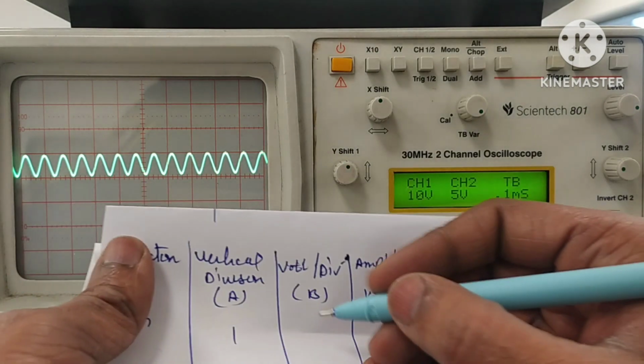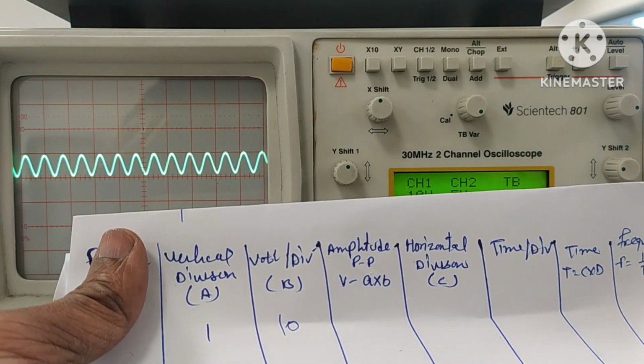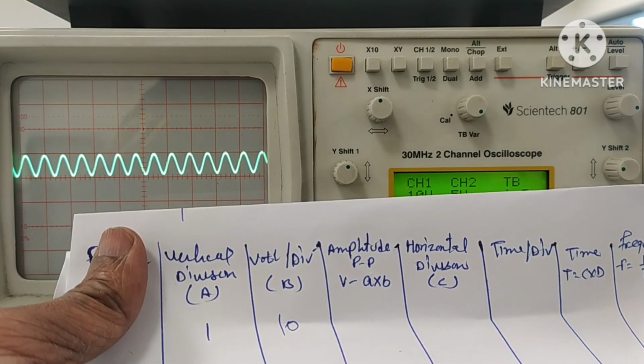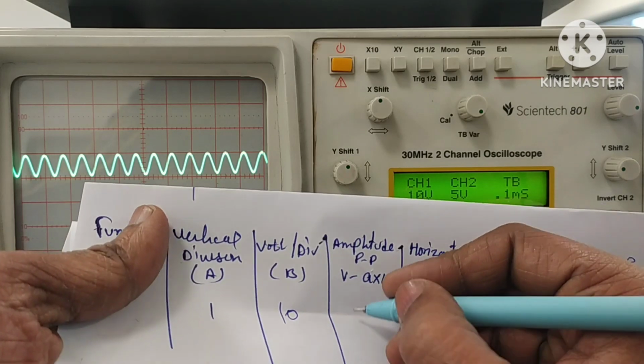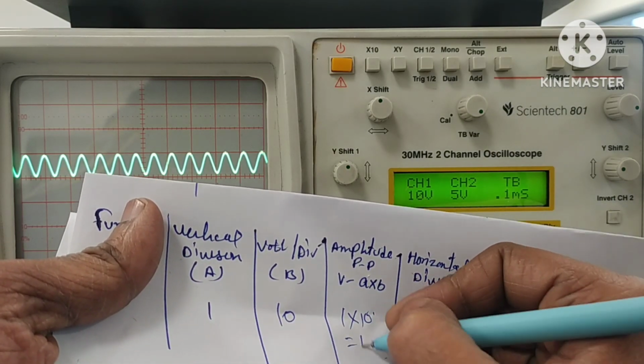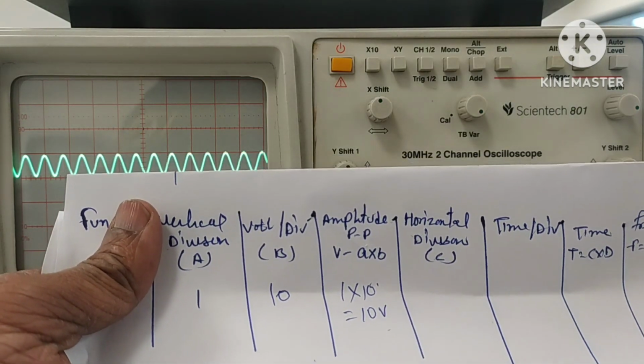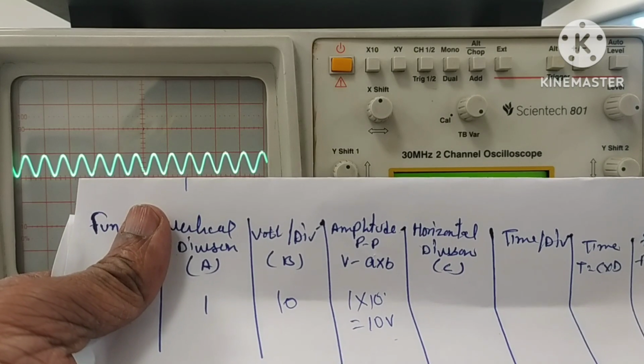So I'm writing there 10. So the peak to peak amplitude of this signal is equal to 1 into 10, which is equal to 10 volt. Okay.